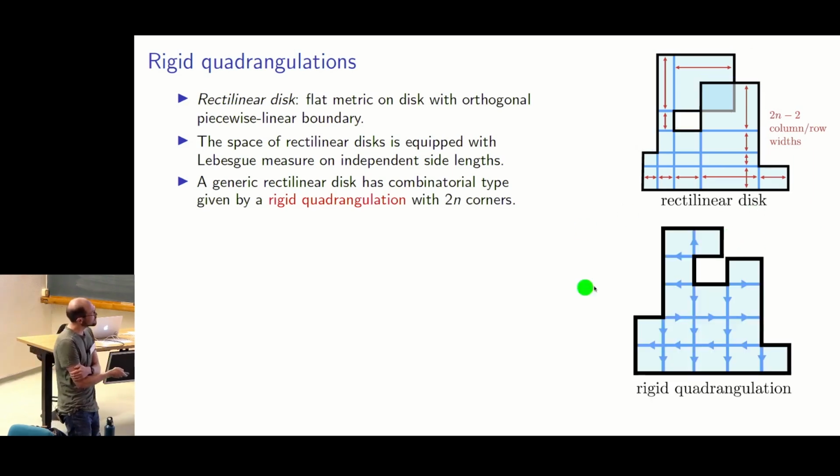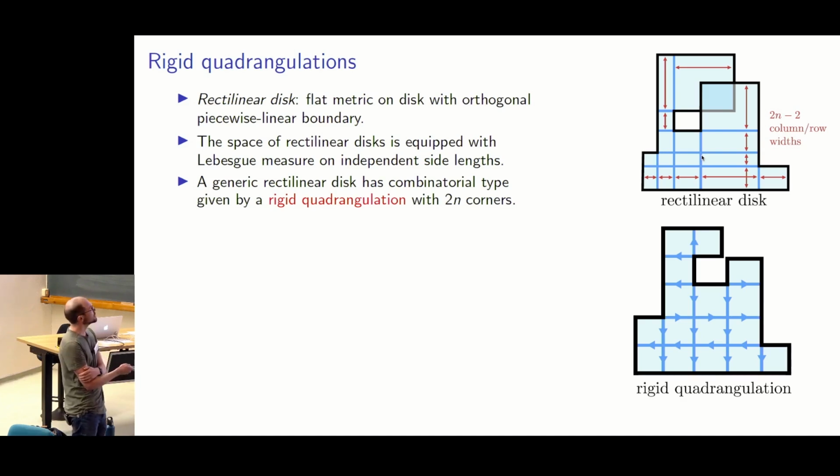And what one can notice is that in order to specify a generic disk, I have to specify the combinatorics of the quadrangulation. And then for each of the columns and rows of this tiling, I specify the width. And the perimeter of the disk will just be twice the sum of all the widths. So really this continuous aspect to it is rather boring.